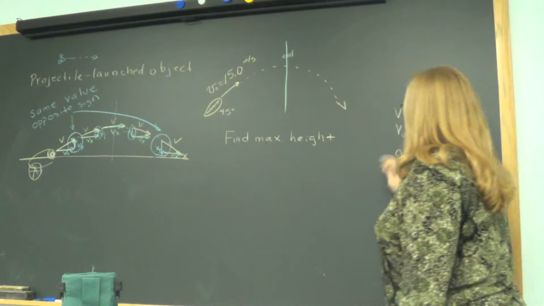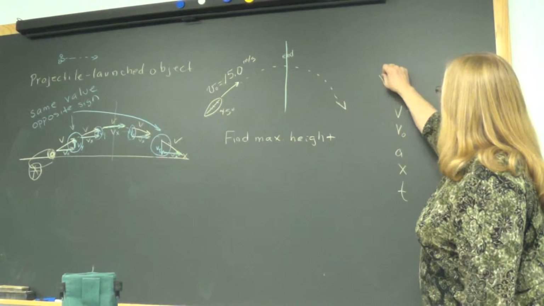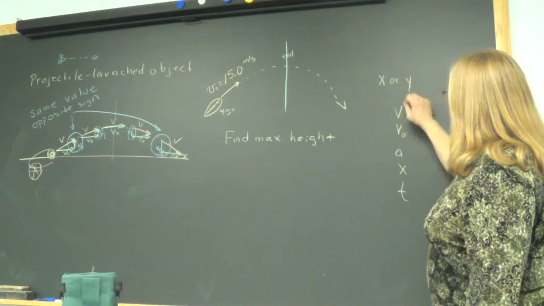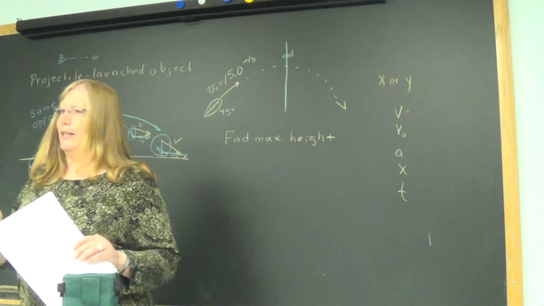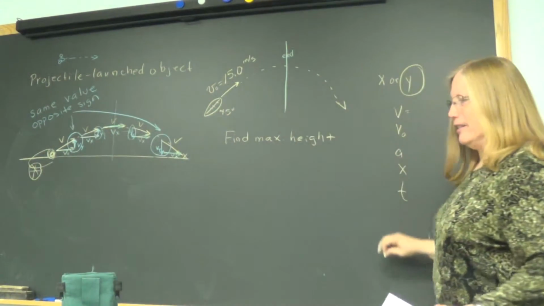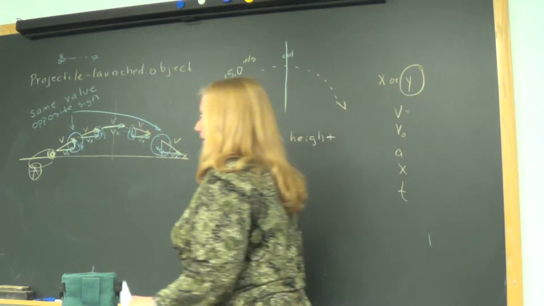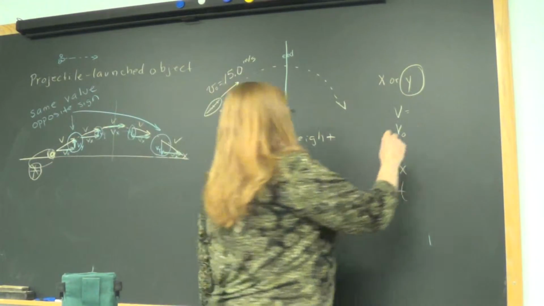Before I even start the list, I want to know, am I working in x or y? Is this problem dealing with the x component or the y? Y. All right, so first we're going to do all of these in y. So I'm going to ask you, in the tedious manner, to put a little y next to every one of these.